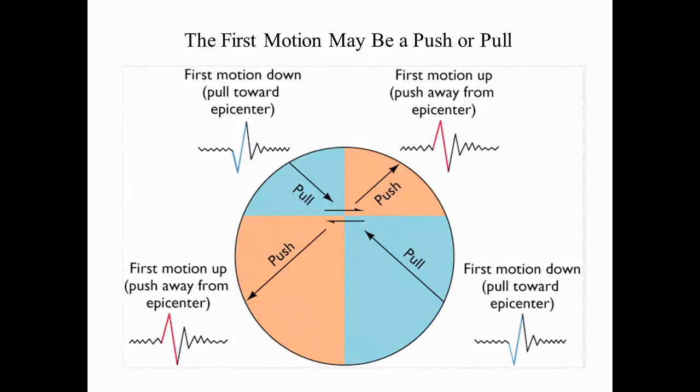But based on fault mechanisms, we know that this was a strike-slip type of motion. For normal faults and thrust faults, the distribution of pushes and pulls are going to be quite a bit different. We'll get distinctly different patterns on these plots. But this is just for a strike-slip, this particular example.